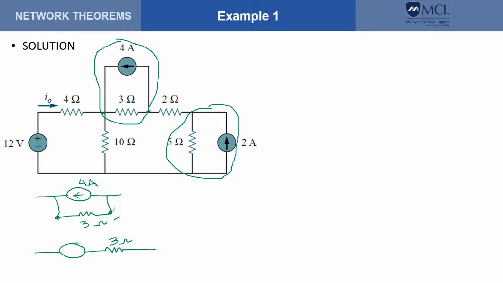Now, where is the plus sign of the voltage source? Since this current of 4 amperes is directed to this point, that means the plus sign should be here. So this is the minus sign, and the magnitude will be 4 times 3, which gives us 12 volts. Okay, so this is the converted portion.